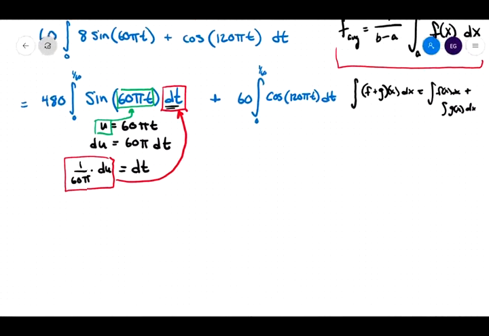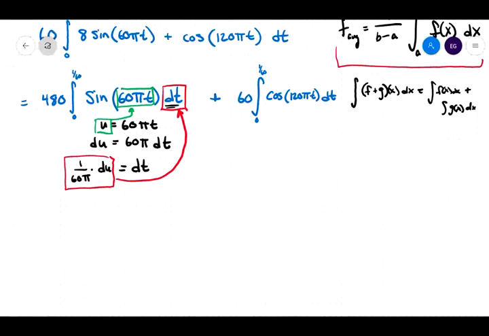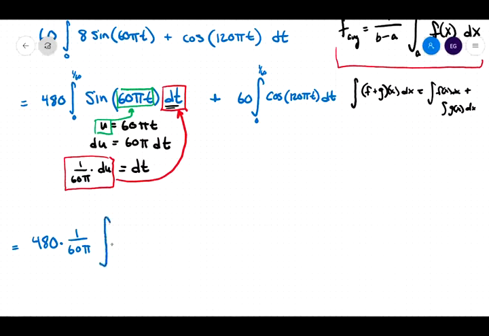Okay, so with our substitution, we still have the 480 on the outside. So that equals 480 times 1 over 60 pi times the integral of, it looks like it simplifies to just, the sine of u du. All right, so now what about our limits of integration?